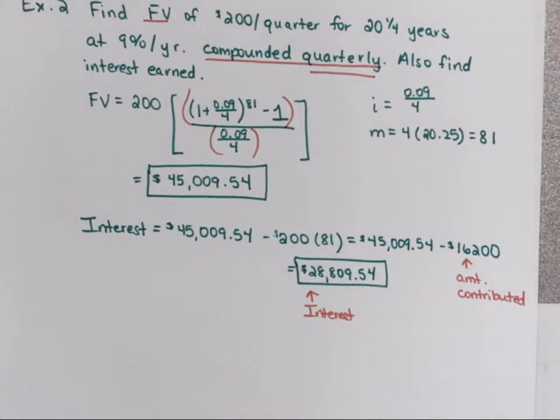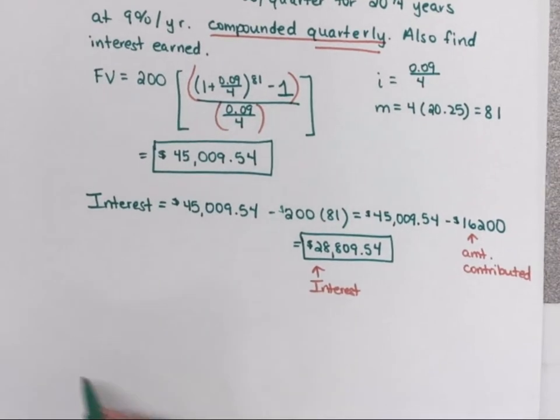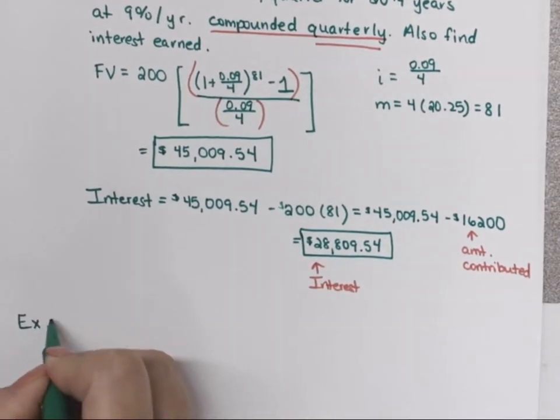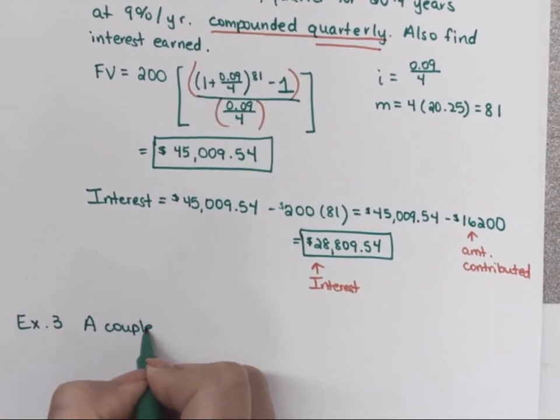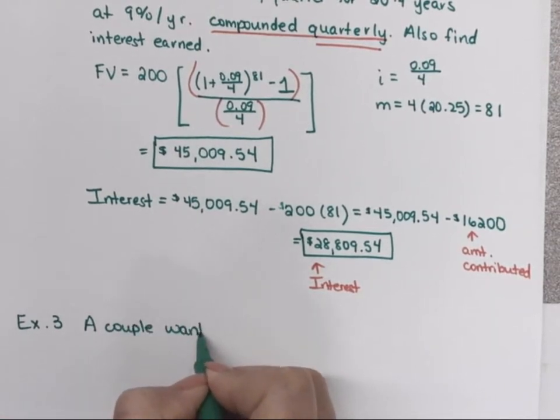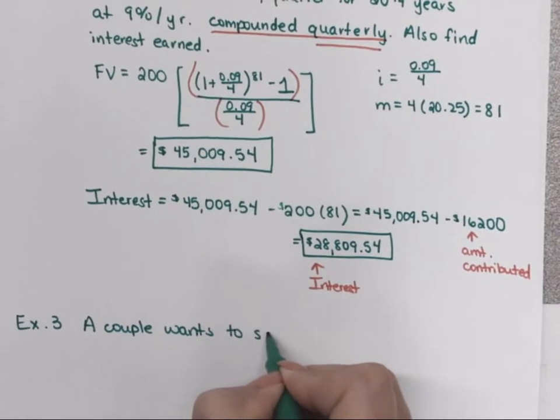Okay, so far we've only done example problems where it just spells out that we want future value. So let's look at some of the wordings that might give you an indication that that's what we want, even if it doesn't use the term future value.